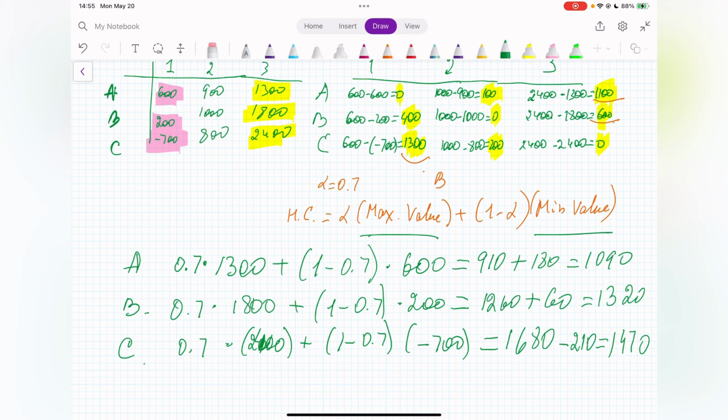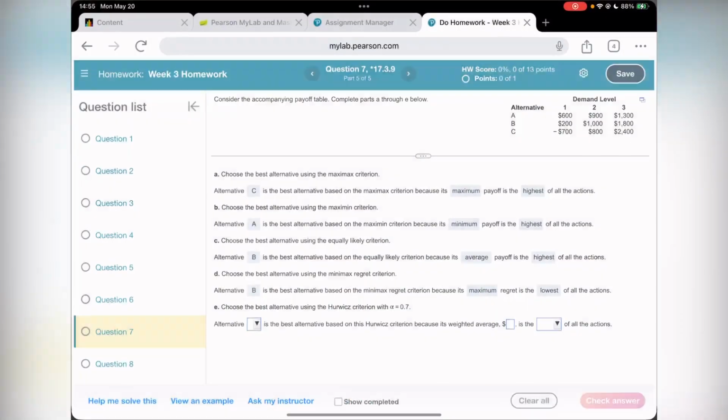Okay, and the alternative with the highest average, let me see, is going to be C. Yes, 1090, 1320, 1470. Let's put the answer here.